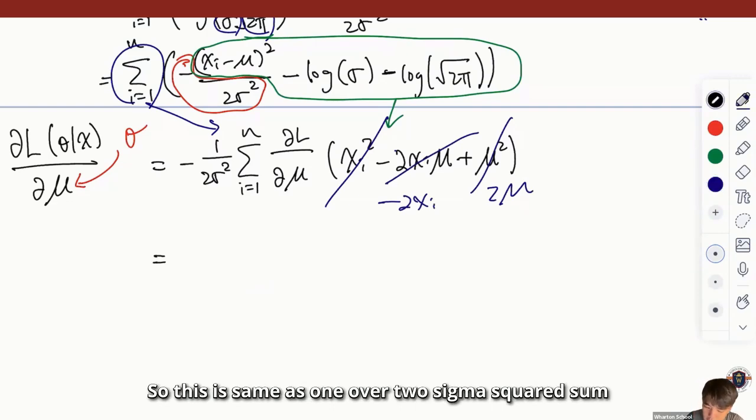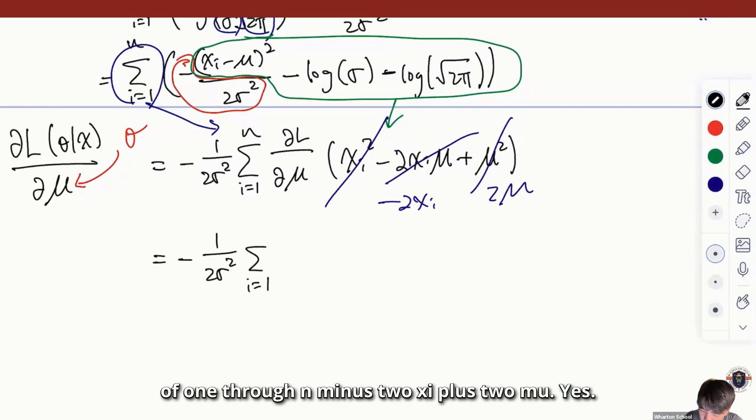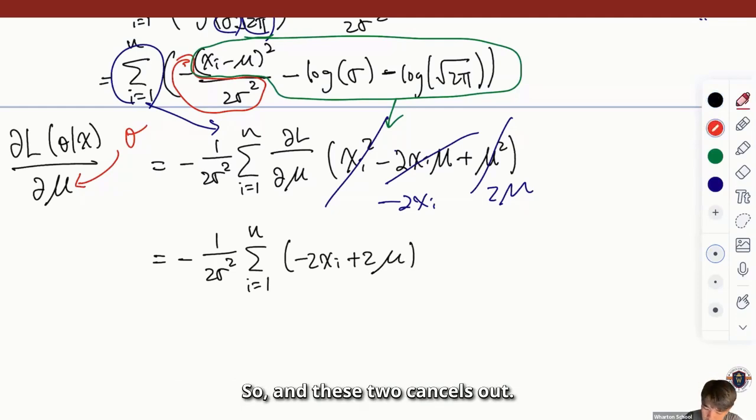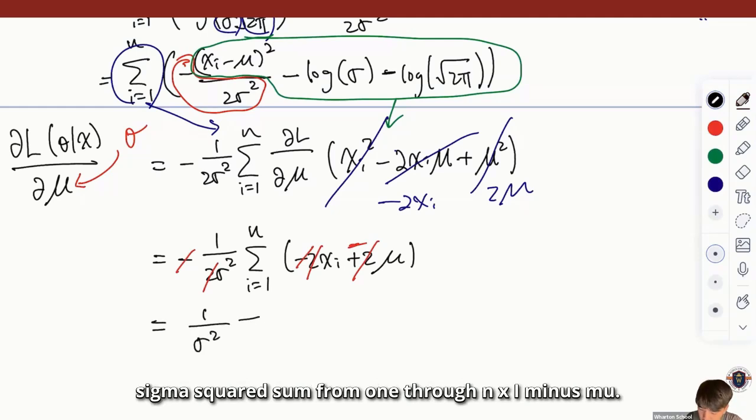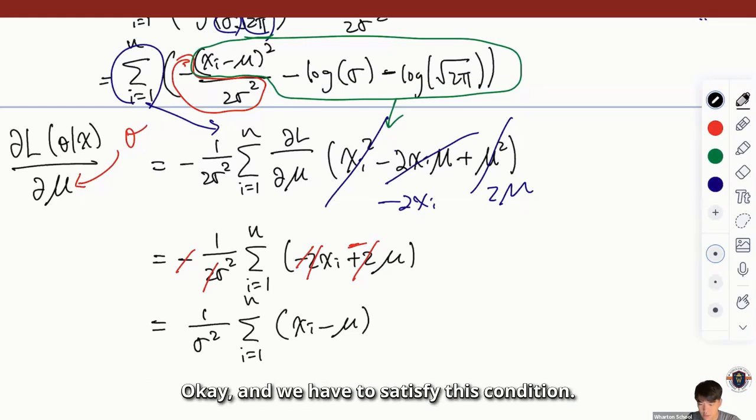So this is the same as 1 over 2 sigma squared, sum from 1 through n, of minus 2 xi plus 2 mu. Yes. And these two cancel out. And if you flip the minus signs, this becomes 1 over sigma squared, sum from 1 through n, of xi minus mu. Okay.